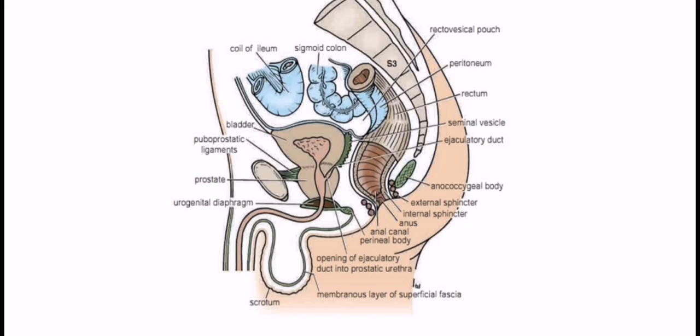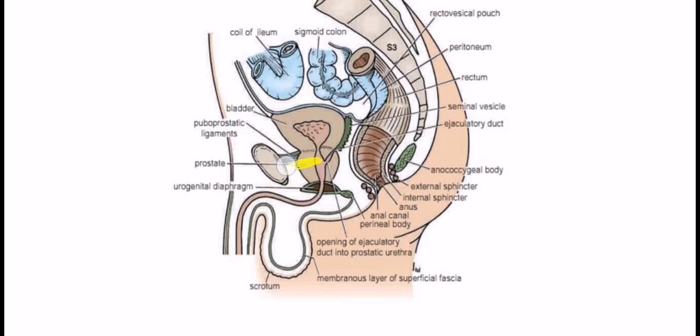The first one of these is the pubovesical ligament. The pubovesical ligament is a condensation of endopelvic fascia. It is a stout band of fibromuscular tissue in both sexes. It extends from the bladder neck to the inferior aspect of the pubic bone.